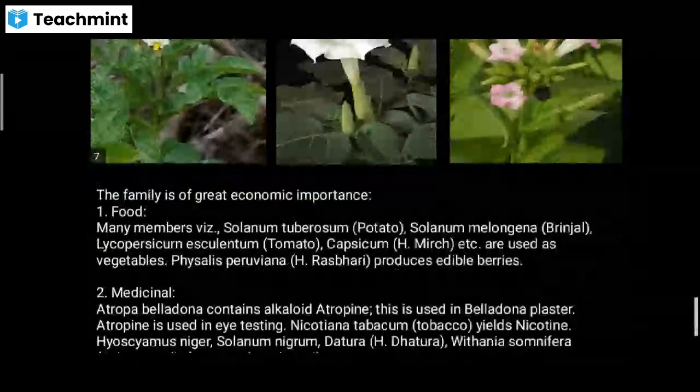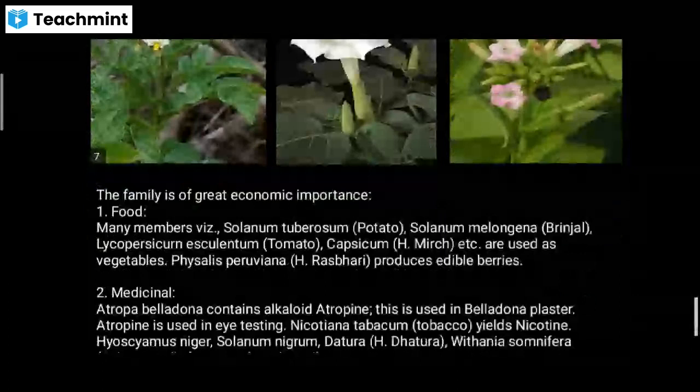Then Nicotiana, nicotine alkaloid is present in that plant. Then Withania somnifera, it is one of the important medicinal plants, that is ashwagandha. They are also used medicinally. It is also an important member of the family Solanaceae.